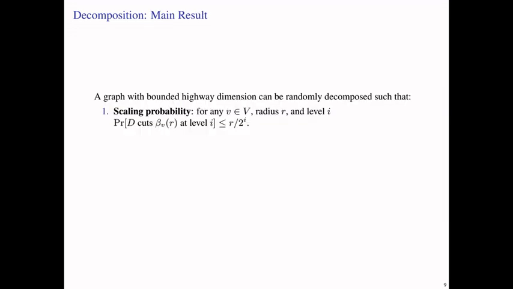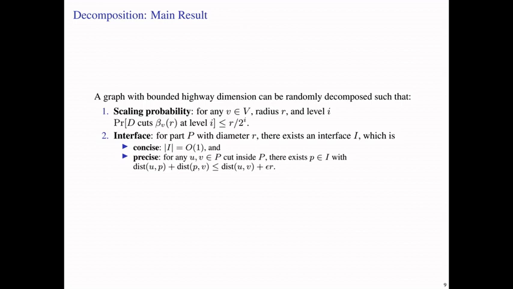Now let's restate our main result with those definitions. So the scaling probability is as follows. The probability that the decomposition cuts the ball centered at V of radius R at level I is smaller than R divided by 2 to the I for every V, R, and I. So small balls cannot be cut at too high level or with tiny probabilities.